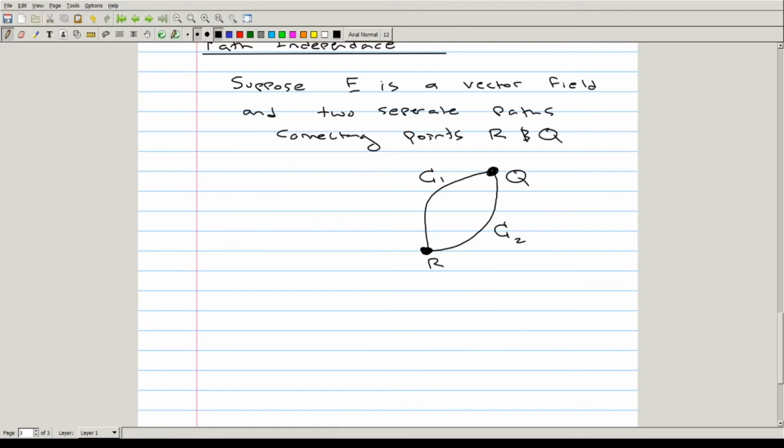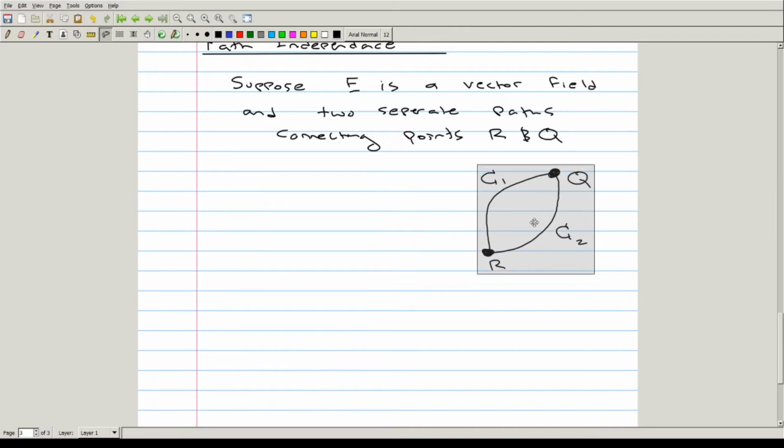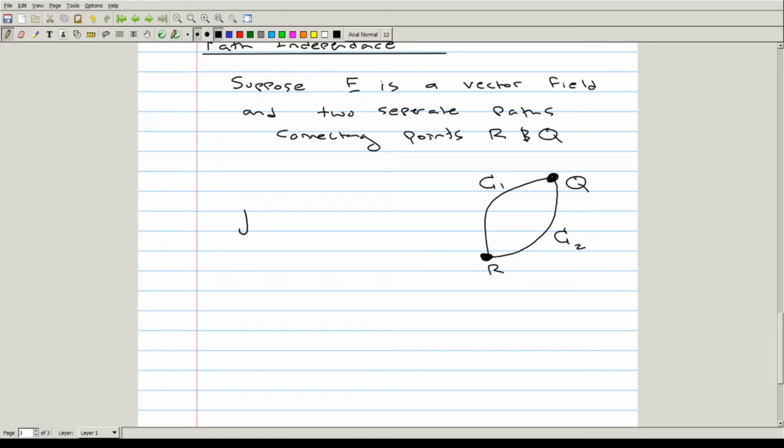So path independence means that for any path C1 and C2 connecting any two points R and Q, if the vector field is path independent, the line integral of F dot dr, and like I said before, typically when you hear line integral, it means the line integral with respect to the tangent vector, the tangent field on this curve.